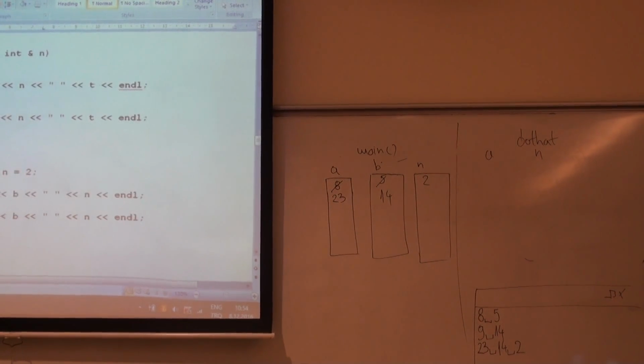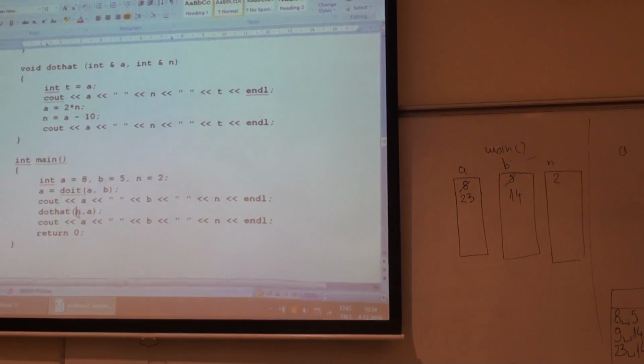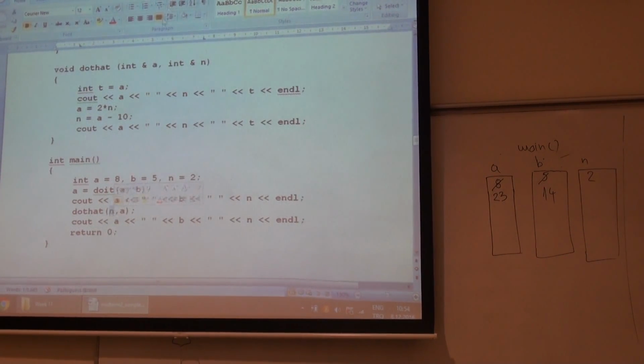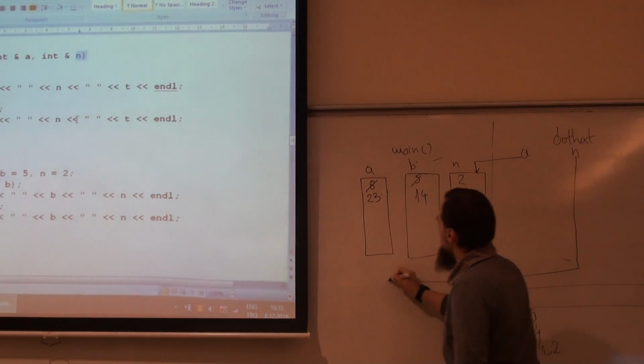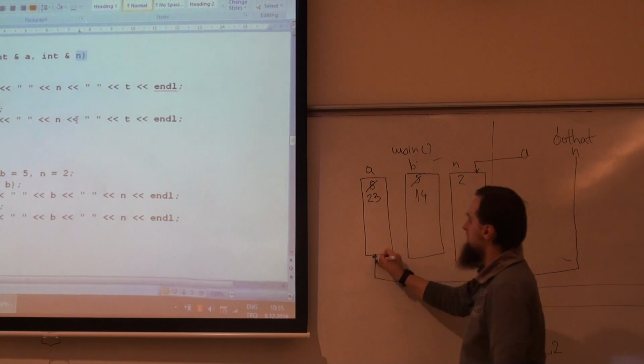So when I'm calling DoThat, I'm passing n, and this n in the DoThat function is referred to as a, and this a here is referred to as n. So a refers to n, and n refers to a. Okay?